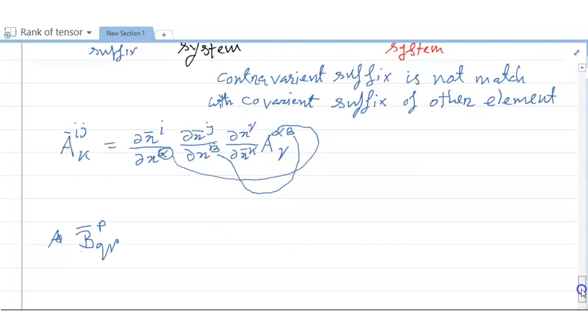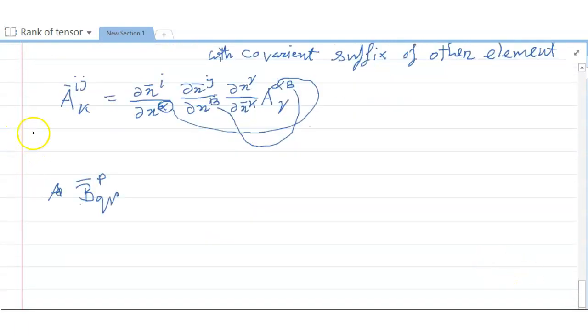It can be written this way: del x bar p by del x l, and del x m, whatever I want to write, b l m.